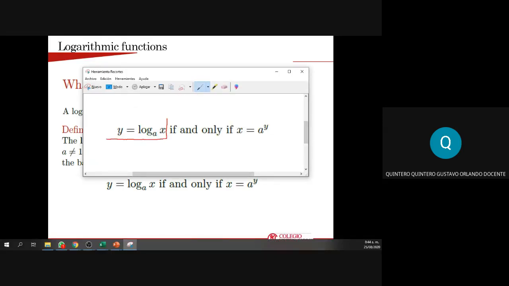This is the main equation, and this is the one I am transforming it to. Right? Now, take a look at this. Y, which was the answer, once I transform it into an exponential, becomes the exponent. The answer is now the exponent. All right?